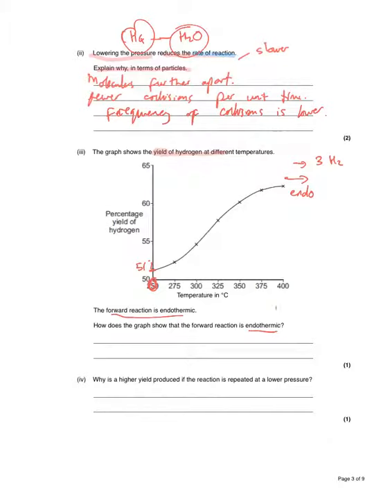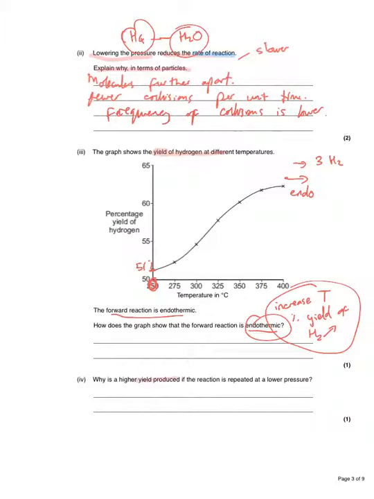So if you increase the temperature, increase T, the percentage yield of hydrogen also increases. Now, this is always the case in an endothermic reaction. If it's endothermic and you make it hotter, you put more heat into it, you get a greater yield of your product.